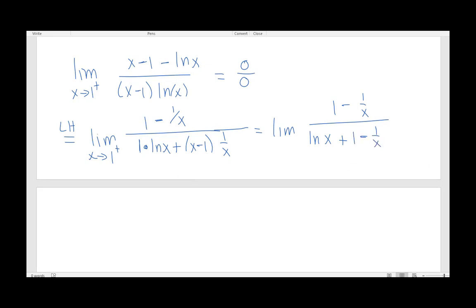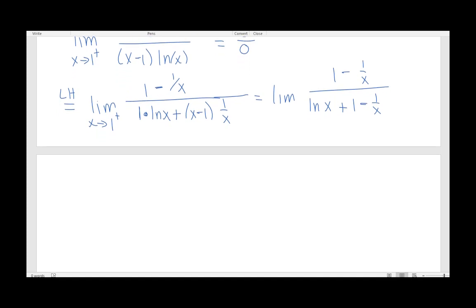So here's my expression after a little bit of algebra cleanup. All right, now personally, I don't like compound fractions. I don't like having a fraction within a fraction. So I'm going to do just a little bit more cleanup here, and the way that I'm going to clean this up is I'm going to multiply top and bottom by x. If I multiply top by x and the bottom by x, when I distribute, this fraction goes away.